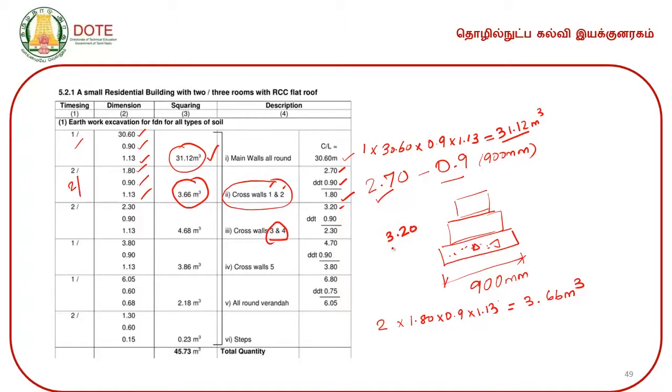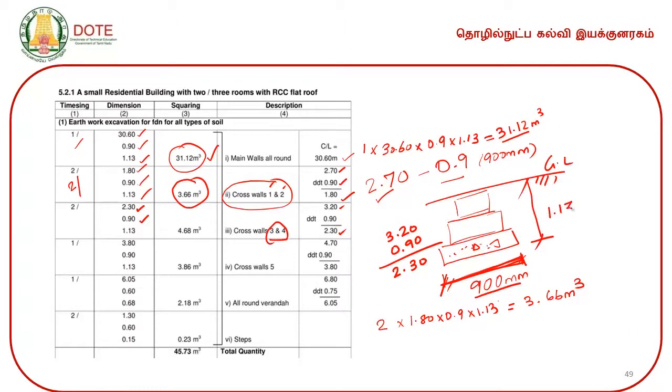We deduct one breadth of foundation, 900 mm, that is 0.90, so the total is 2.30. Then breadth of foundation 0.9, and depth from the ground level is 1.13 meter.